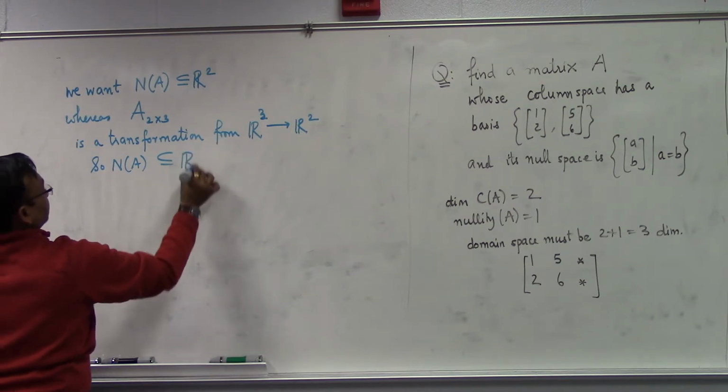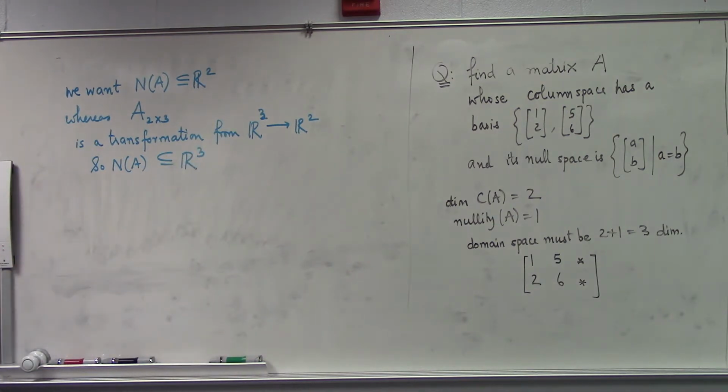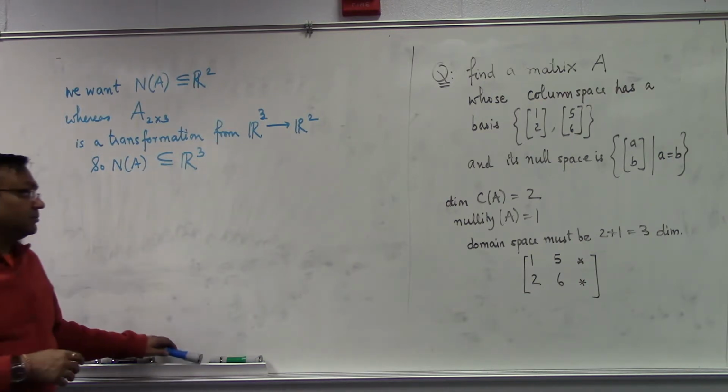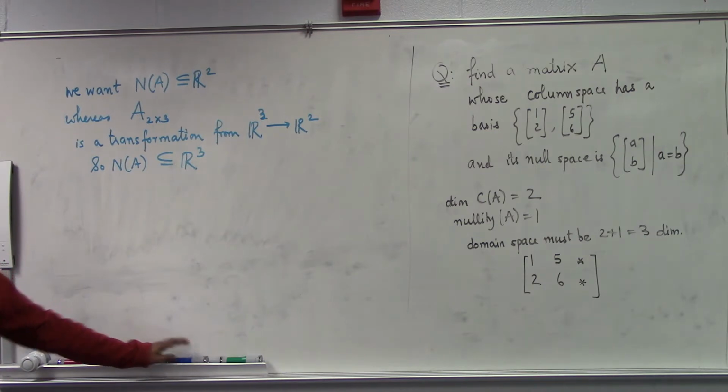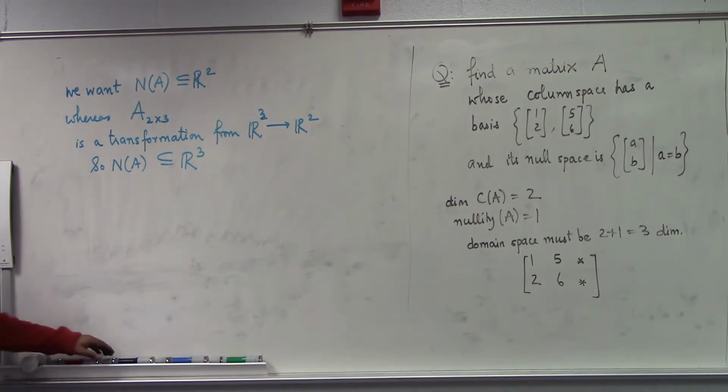According to this, the null space must be sitting inside R3 and not R2. So this is definitely not possible. You can't give me a matrix whose column space has that basis and null space has this basis. Question is, what if I give you a different question?